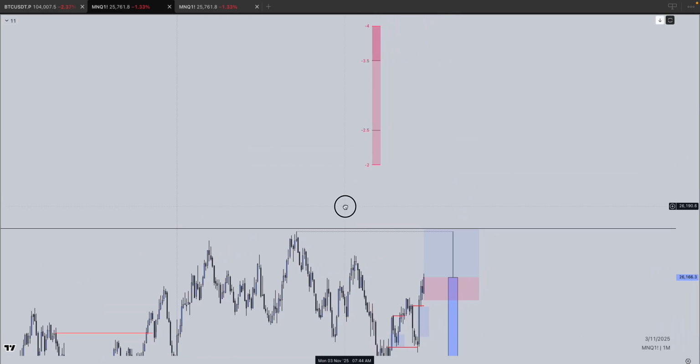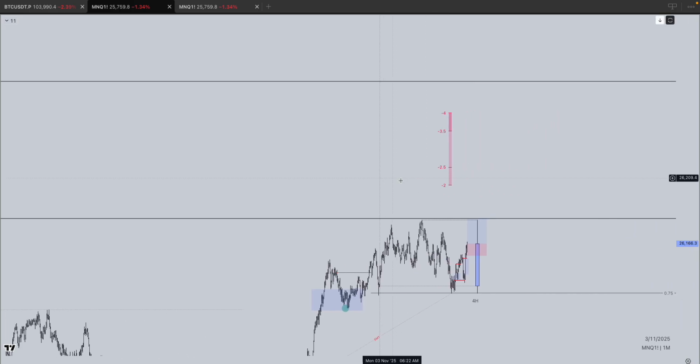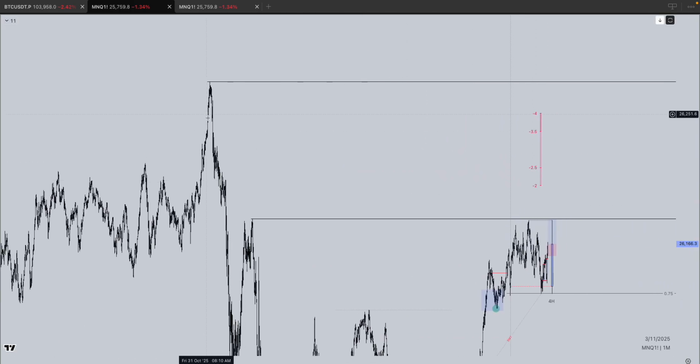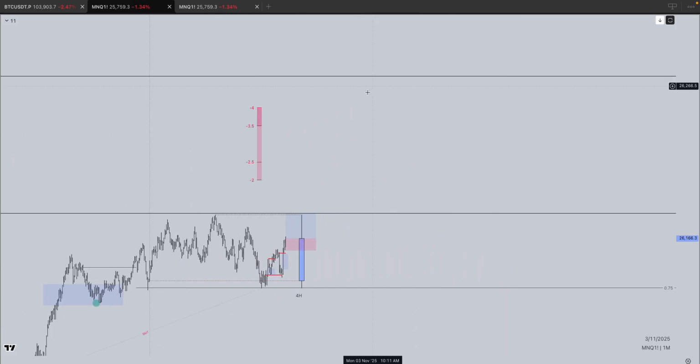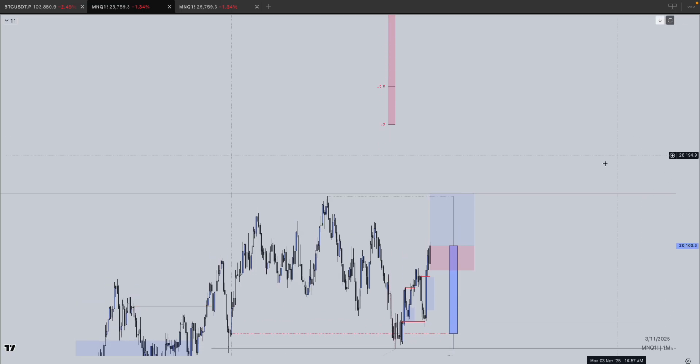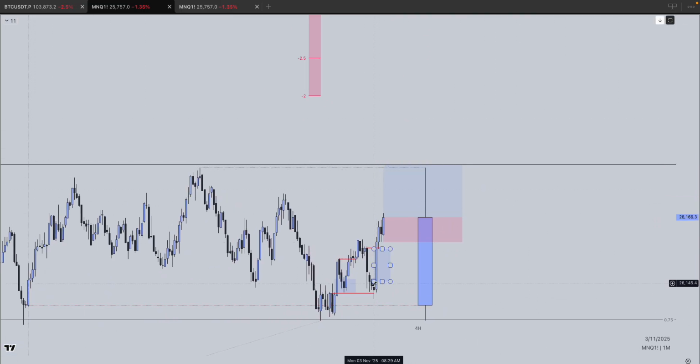Yeah, so there it is, which should line up with some form of PRO. And look at that balanced price range over here. So that's where you can expect price to trade up to, if not this previous day high. So there's our relative highs that we looked at earlier. There's just over 2R. That's all you need.